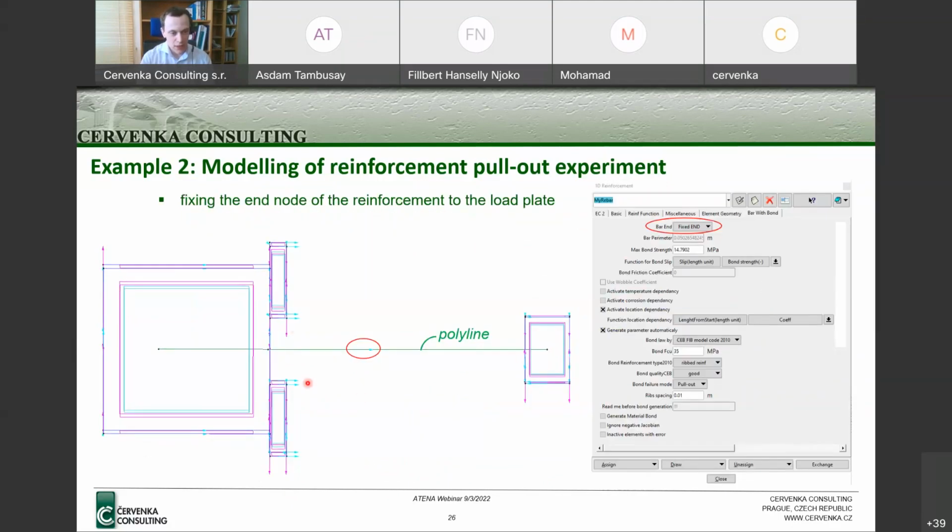Finally, for this polyline, I will have the same settings. This will be one material applied to the polyline, and the last thing to set in the material settings is fixing this end node with respect to the loading plate.